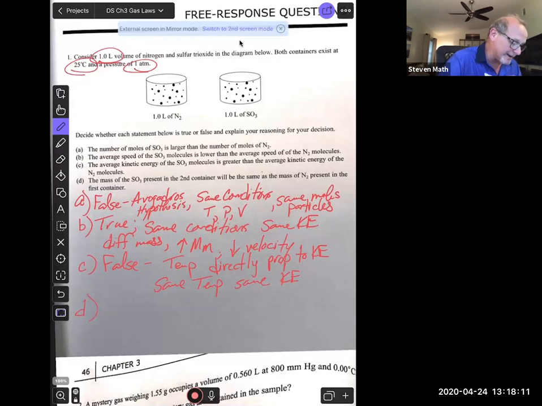Fantastic. D says, hey, what about the mass of SO3 in the second container will be the same as the mass of the N2 in the first container? And we all know that's absolutely false. So how do we explain that?